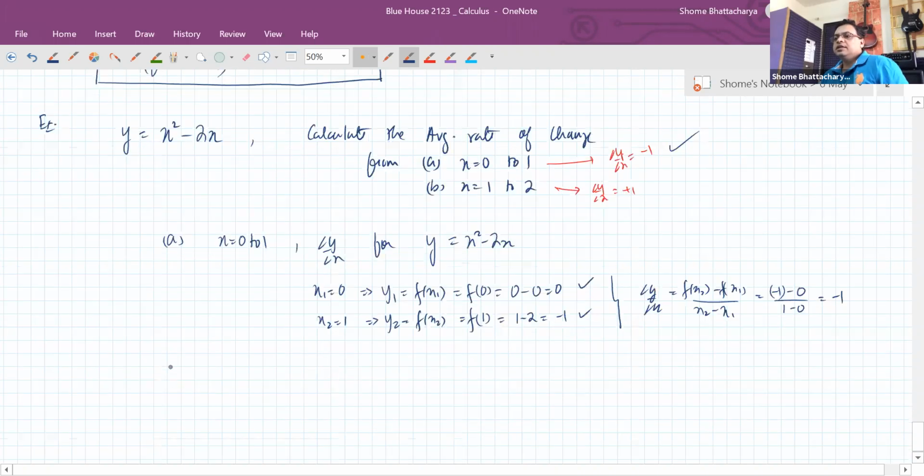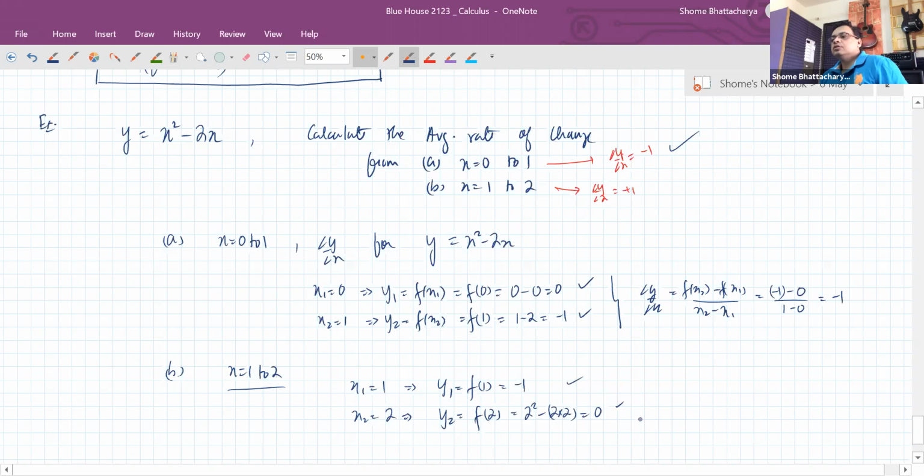Similarly, in the second case, x equal to 1 to 2. So x1 is equal to 1, so y1 is this, okay. And x2 is equal to 2. So y2 is f of 2, which is 2 square minus 2 into 2. So that's 0.